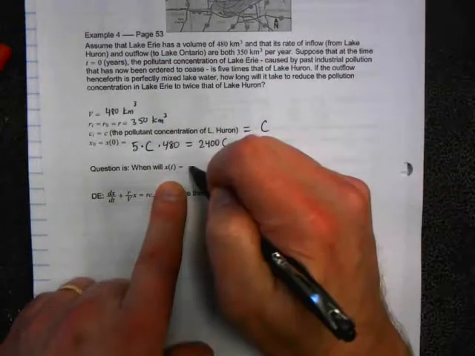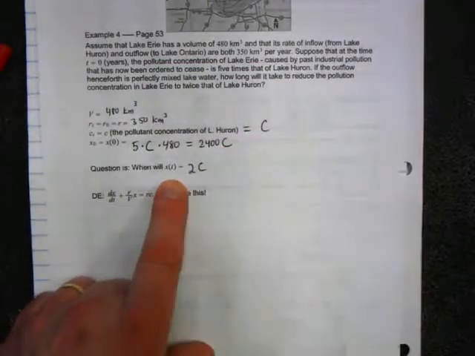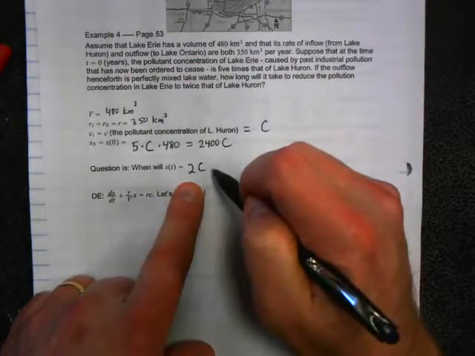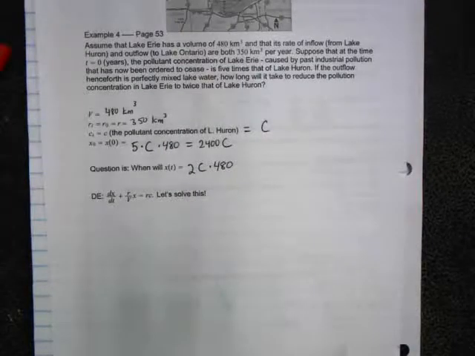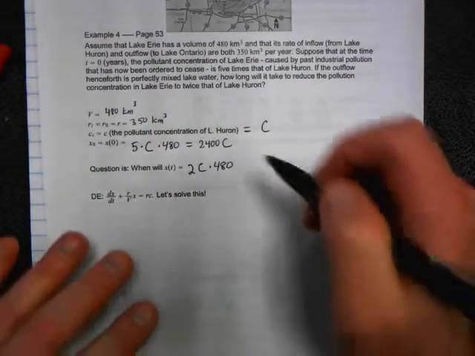We want it to be twice the concentration of the other lake. So we want our total amount of material to be 2C times 480. Remember, there's still pollution coming in, unfortunately, from Lake Huron. It's just that the pollution is less. All right, so 2 times 480 is 960.